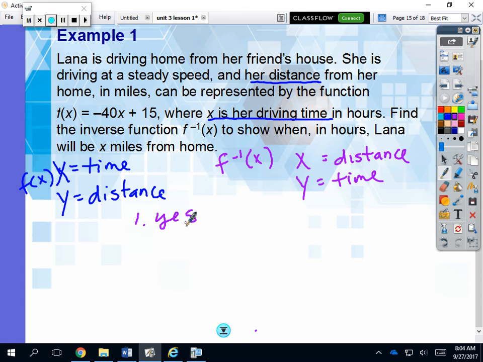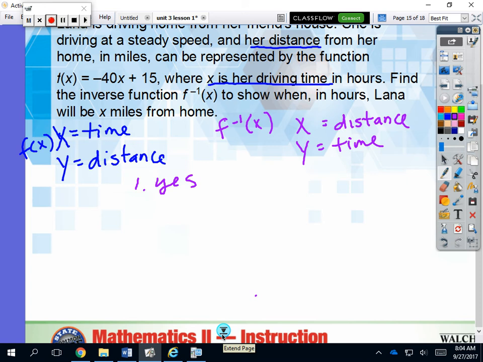Number 2 through 5, I'm just going to do it all at once. For 2 through 5, I need to rewrite this function as an inverse. So let's write it y equals negative 40x plus 15. Replace the f of x with y. Now switch your x and y, and solve for y.